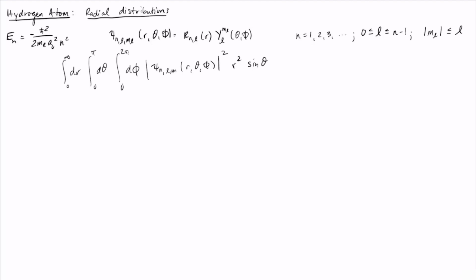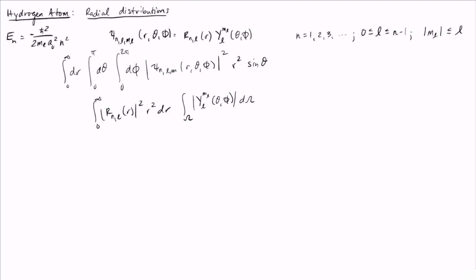Okay, so now if we break this up in terms of the radial and the angular parts, we should get a product of two different integrals. So on the one hand, we have the r integral, which has r squared dr, and then we have the angular integral, which we're just going to write in terms of the solid angle like this.